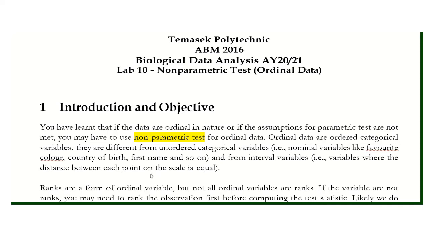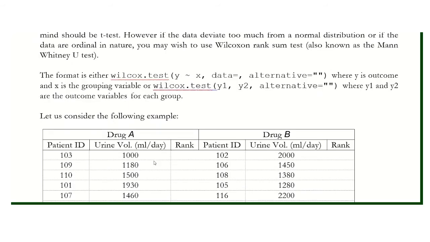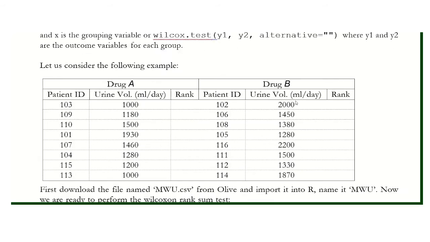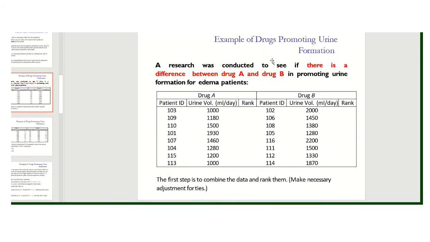Okay, now I'm going to use the lecture notes. There is one example on drug A and B. How do these two drugs affect the urine promotion? If you look at your slides, you will notice in this example, we are looking at if there is difference between drug A and B in promoting urine formation.